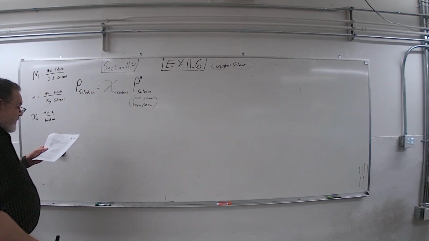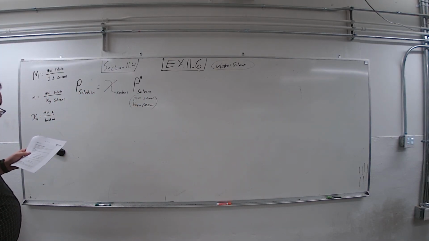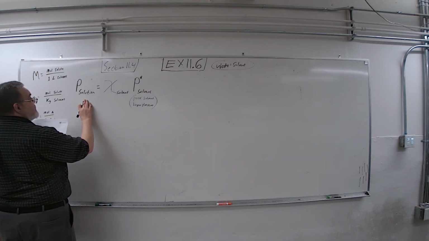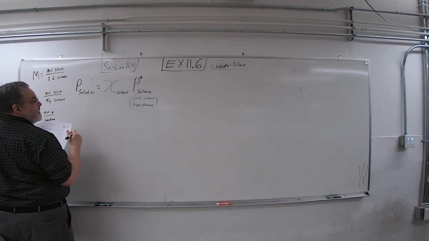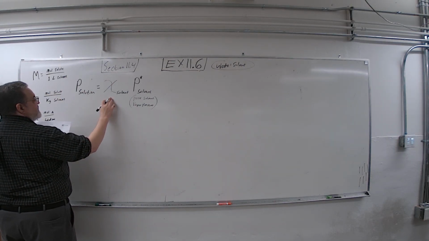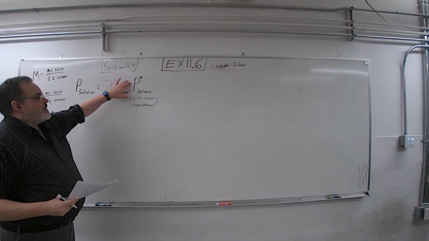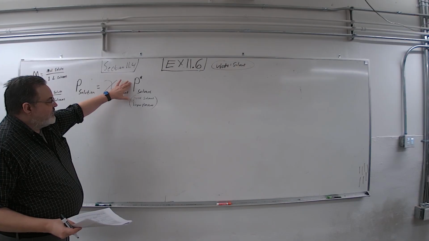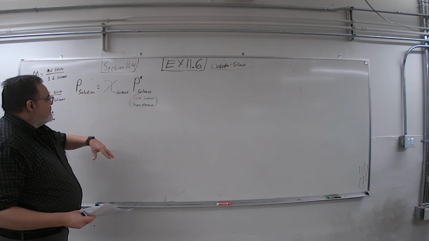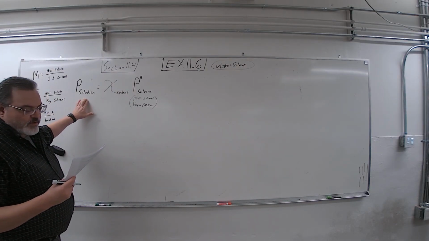That's the vapor pressure of the pure solvent, and this is the vapor pressure of the solution. So if you can look up the vapor pressure of a particular solvent, once you put that in solution, you can find the vapor pressure of the solution.